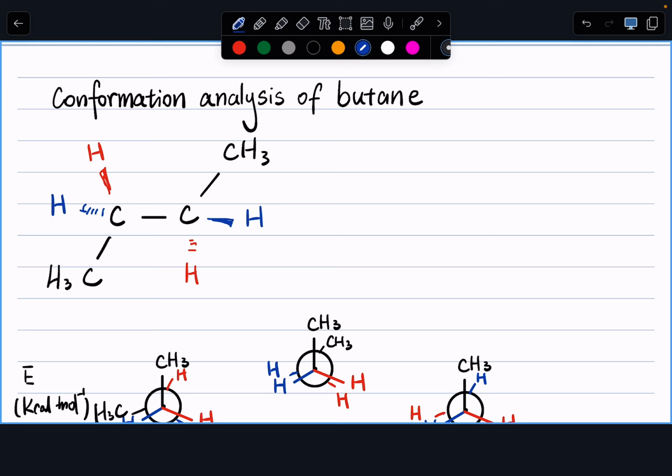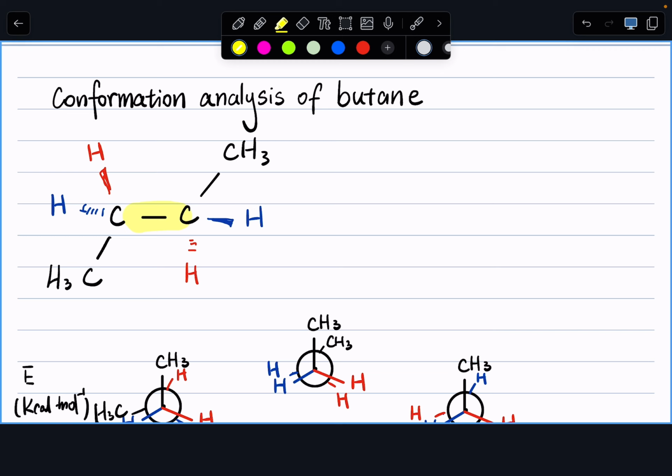So in here, when we're looking at it, what is the lowest energy conformation? If we're looking through the center carbon-carbon bond, that is this way, right? So you want to put your sterically bulky groups as far away from each other as possible. So what does that mean? In this case, I want to put my methyl group and my methyl group far away from each other.